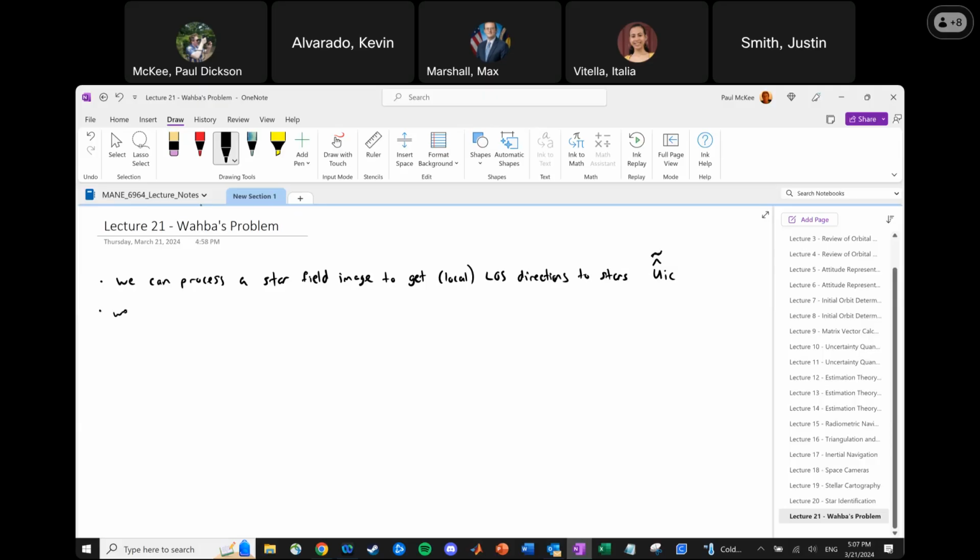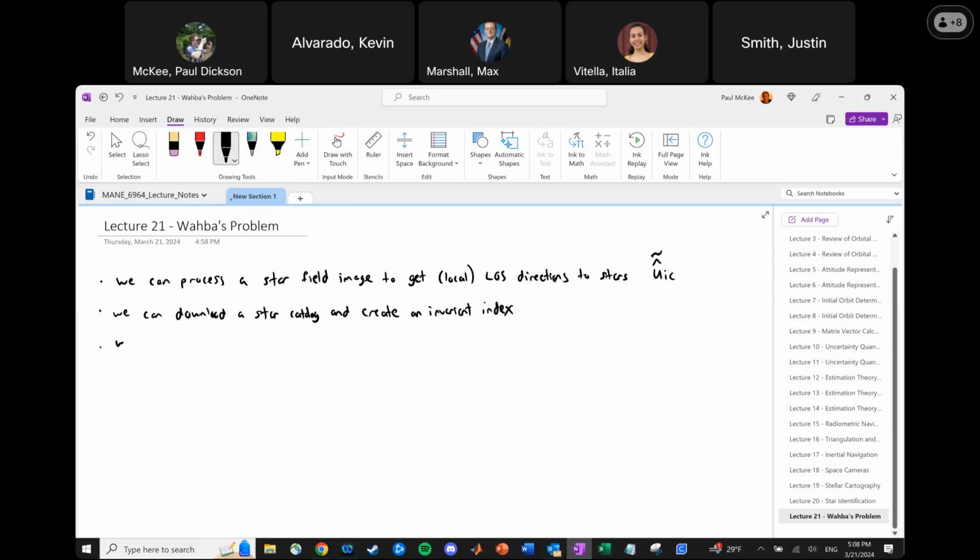Similarly, we can download a star catalog and create an invariant index. Those of you that have started down that road already know the devil's in the details and it's easier said than done. So make sure that you allot plenty of time for yourself to do that when you're doing homework 4.